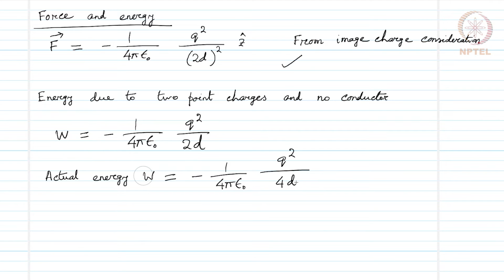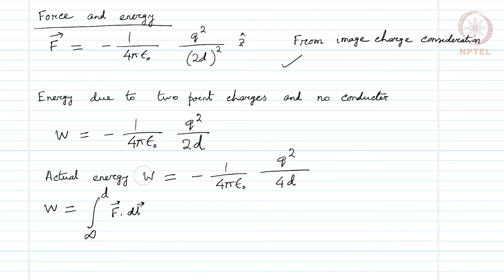and in the lower half the electric field is 0. Then the expression for the energy would be the integral from infinity to d of F dot dl. That means we have the conductor of infinite extent already in its place, and we are bringing this point charge from a distance infinity to the distance d that we have considered here.